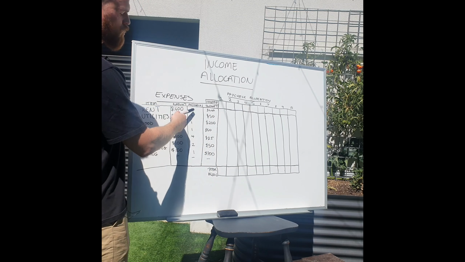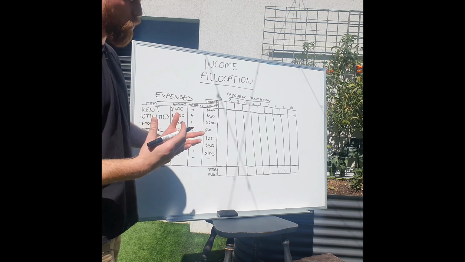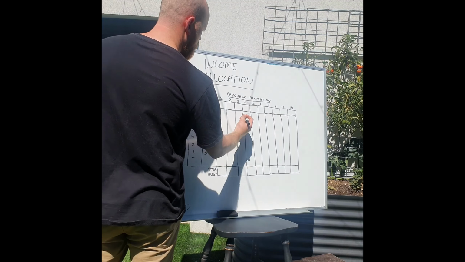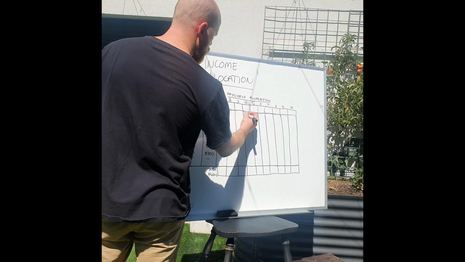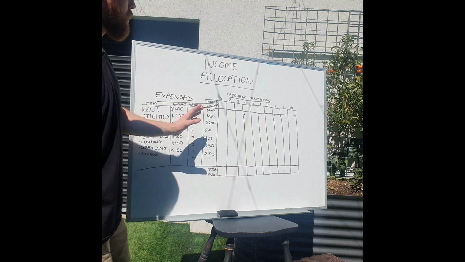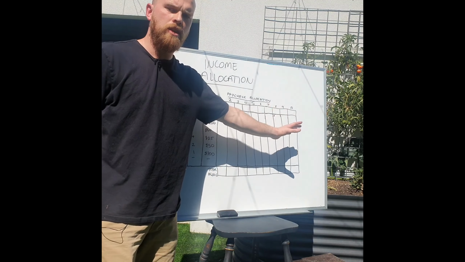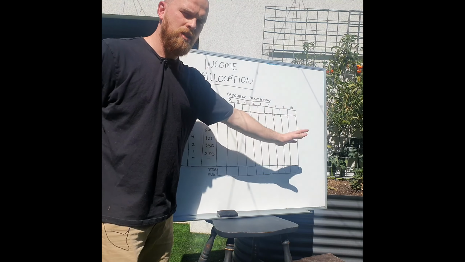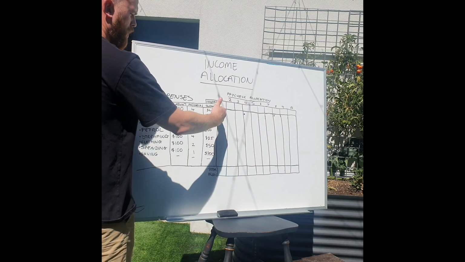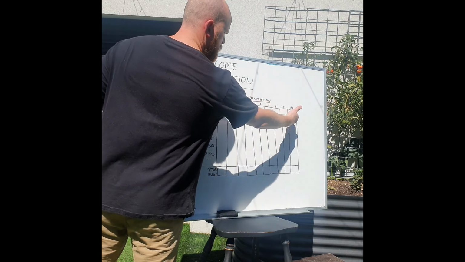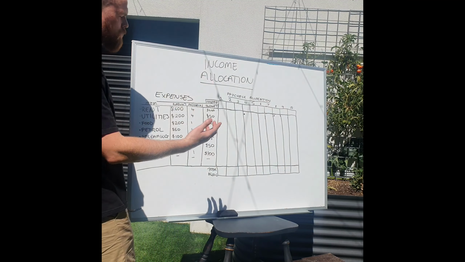So we can see here, rent is due every 4 paychecks, more or less. Let's say rent has just been paid. So we know that for rent, it's going to be due every 4 paychecks. Let's go 4 and 8 here. On this side of the table, this is where you set that allocation, right? I call it a budget forecast. This is where you project from where you are now, in this table over 10 pay cycles.